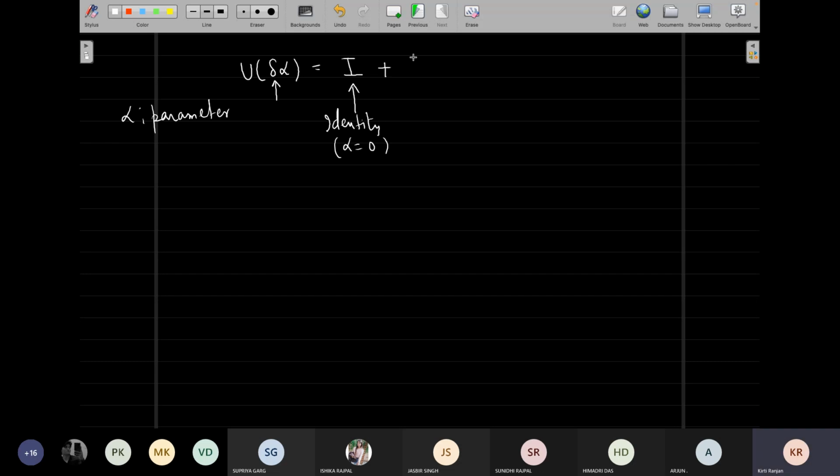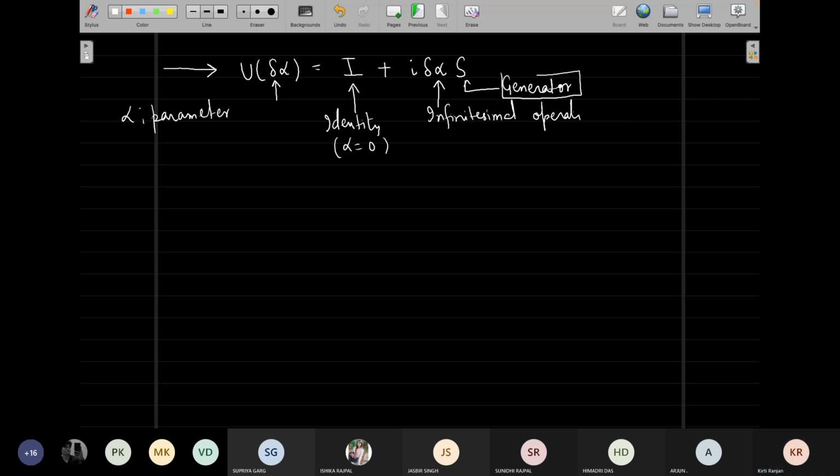Plus, now this is the interesting portion, i delta alpha S. So this is the concept or the idea what I have written there, now basically expressed as a mathematical expression. Delta alpha is nothing but the infinitesimal operation, and S is called the generator of this infinitesimal operation operator.